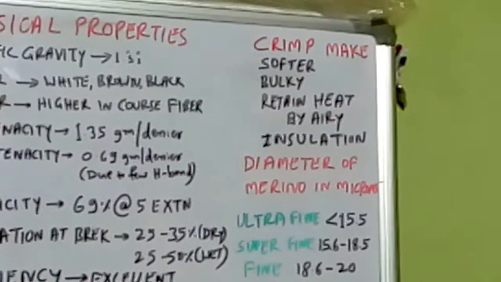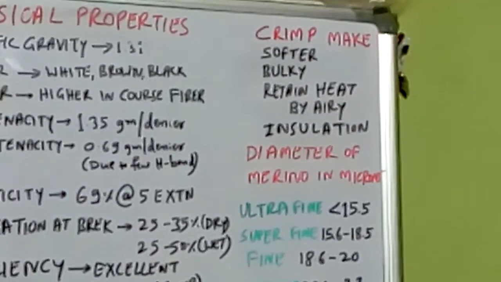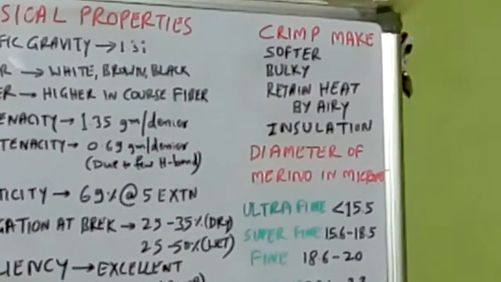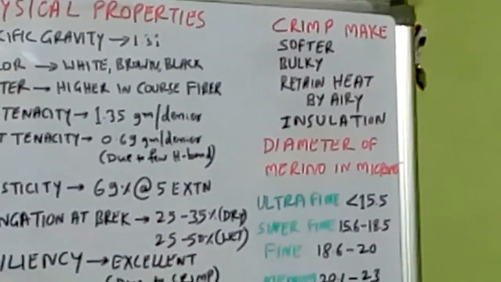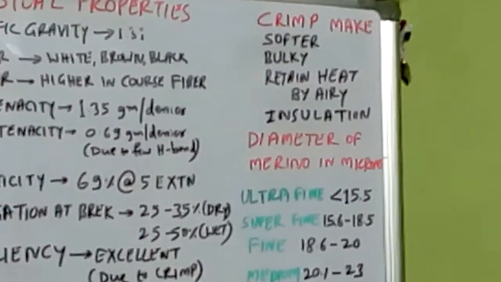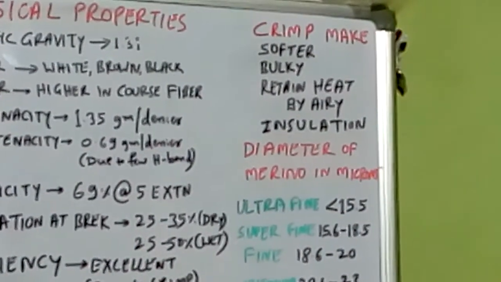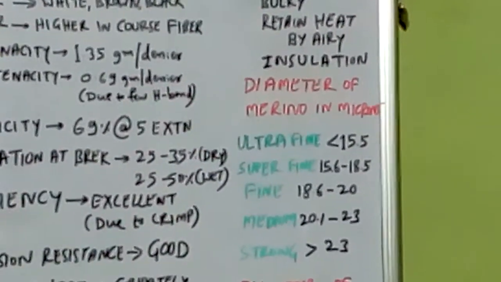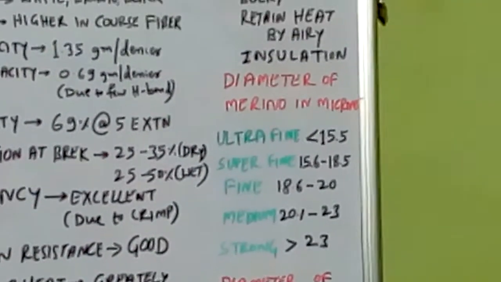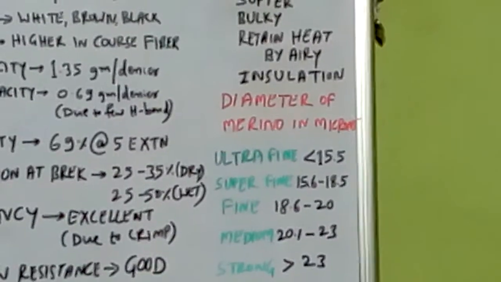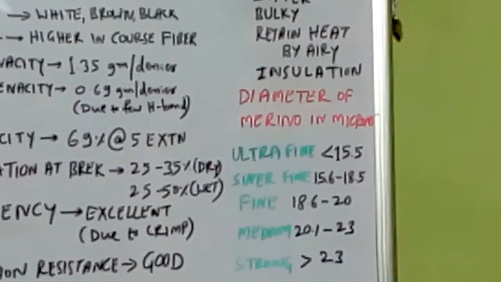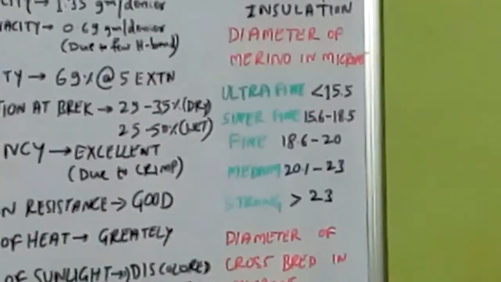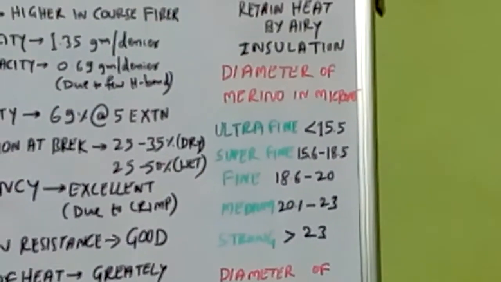Nowadays, in the present 21st century, we are talking globally, all brands are talking about merino fibers. I'm giving here data on merino fibers and the diameter of the merino fibers. In the woolen fiber market, the main thing considered is the microns.